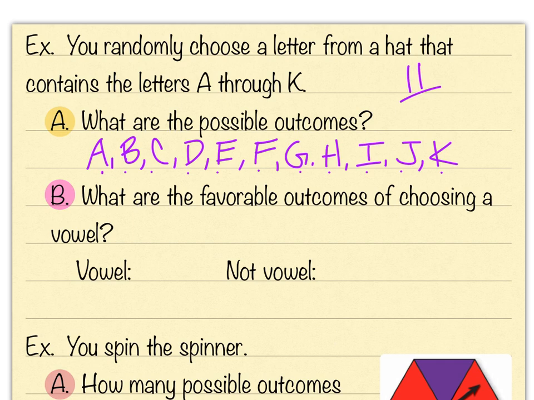Part B says, what are the favorable outcomes of choosing a vowel? Well, let's see how many vowels we have here. We have A as a vowel, E and I are all vowels.